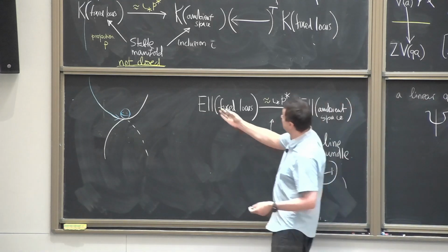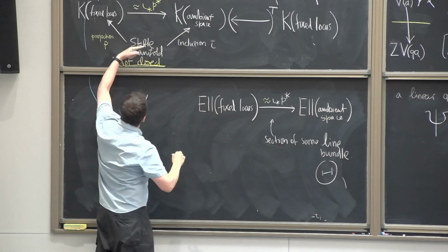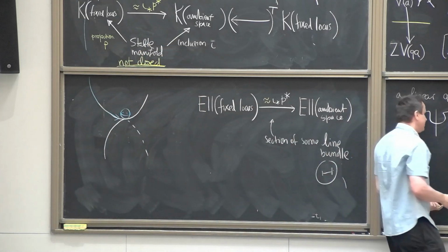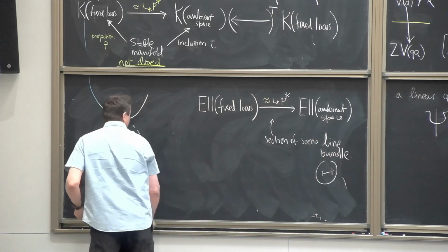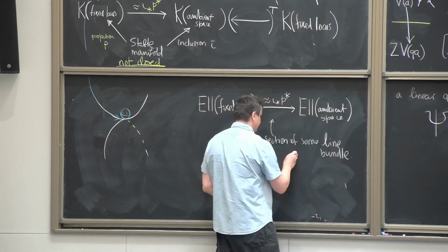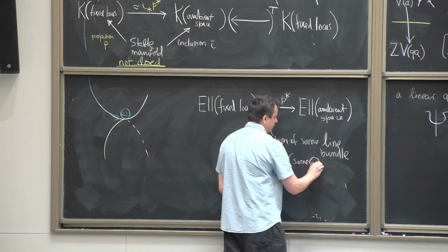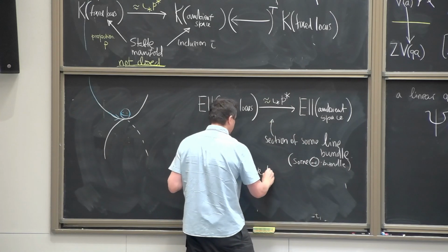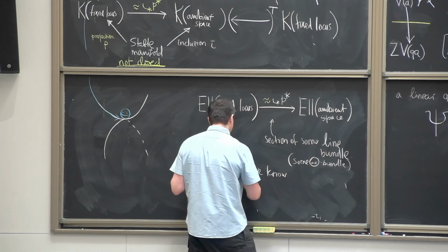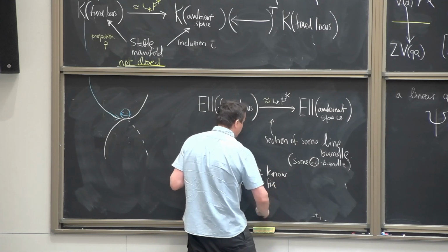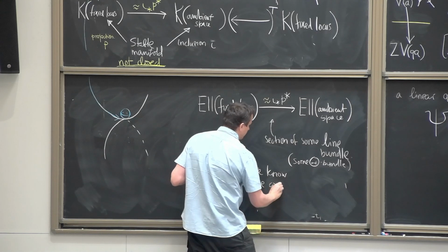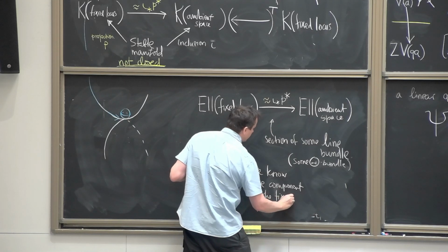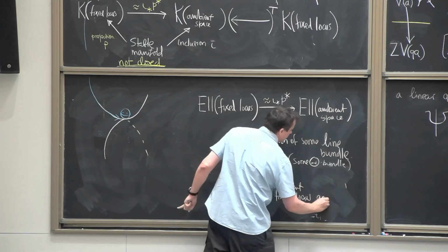Because push forward involves a theta bundle, so it's a section of some kind of theta bundle, which we know near one fixed point, one component of the fixed locus, and wish to extend.